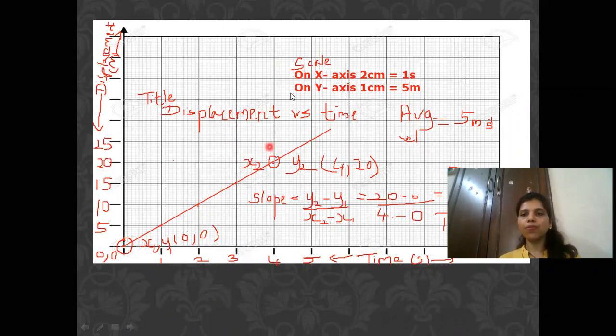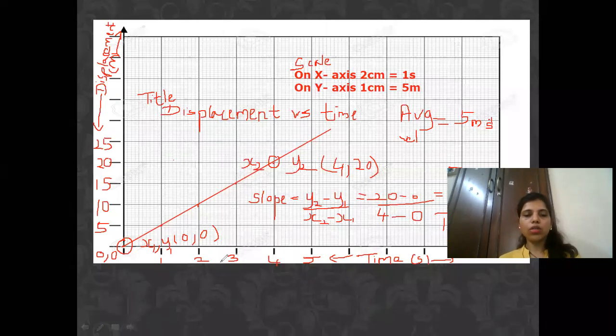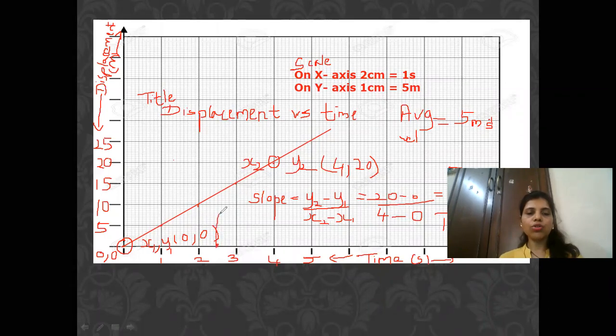So here you can see, 2.5 seconds means over here. So from here you are going to draw a line. Sorry, 1 minute. You are going to draw a straight line from here till here, and then from here you are going to draw a straight line till the y-axis.